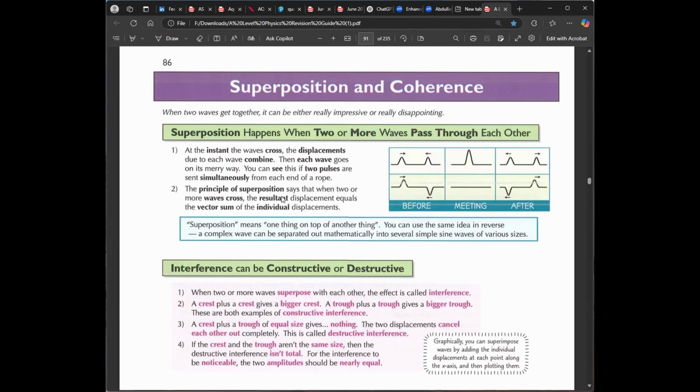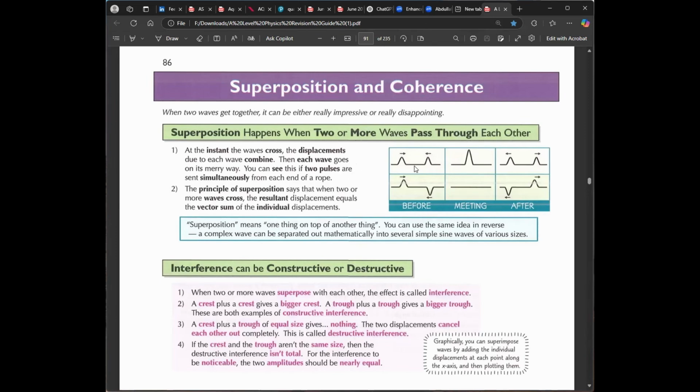It could be that they are traveling in the same direction, or at some angle, or it could be anything, but they pass through the same point. There's a phenomenon that happens there which is called superposition, when two waves, or more than two waves, are at one position.